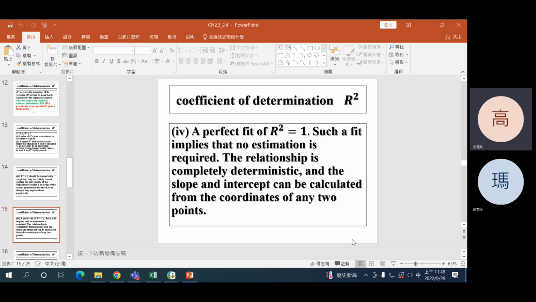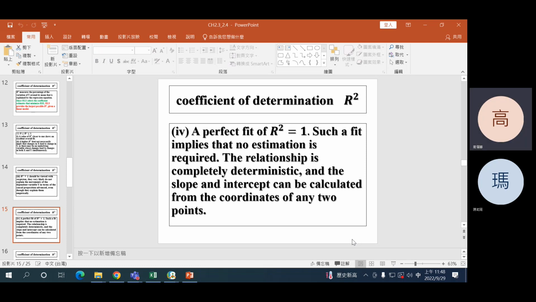In theory, R square can be equal to 0 or 1. And such a fit implies no estimation is required. The relationship is completely deterministic, and the slope and intercept can be calculated from the coordinates of any 2 points. So if you have R square equal to 1, it means all the points are on the line.